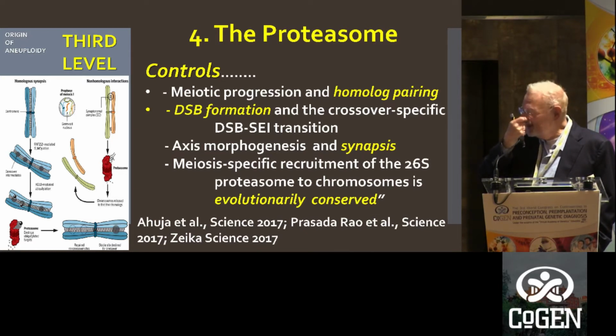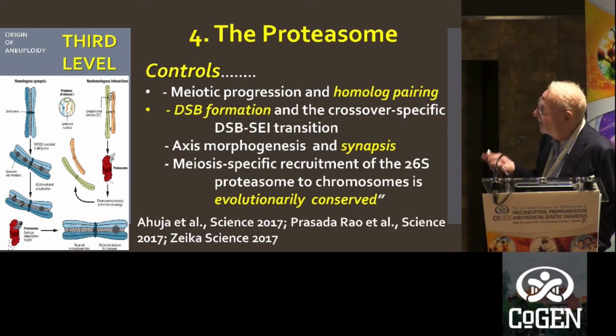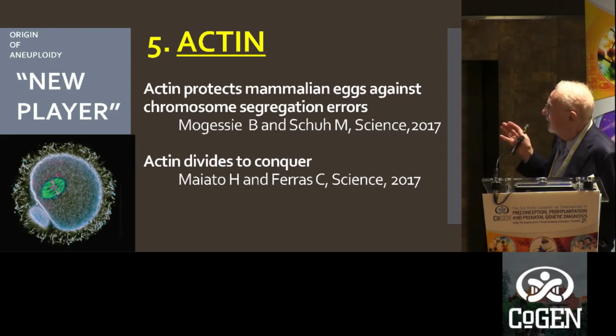It almost sounds a little bit like these chromosomes have a mind of their own, if you will, and it's being expressed in terms of meiosis. And the fifth player described in Science is actin, which protects the egg against chromosome segregation errors.